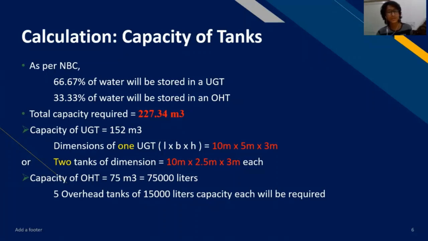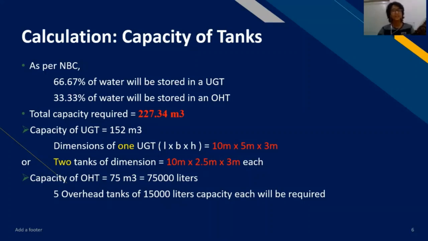So for storage of water, 2/3 of the water is stored in an underground water tank, and 1/3 is stored in an OHT. The total capacity required as calculated is 227.34 cubic meter, and the capacity of UGT will be 2/3 of it, which is 152 cubic meter.